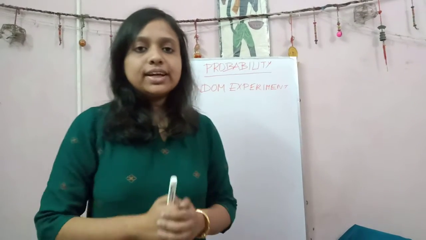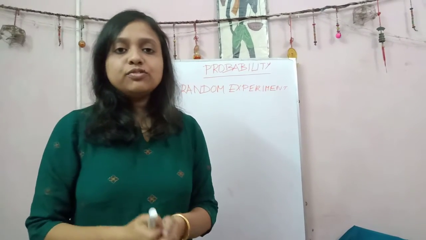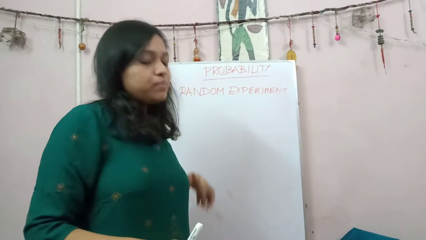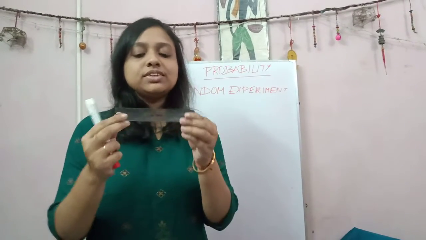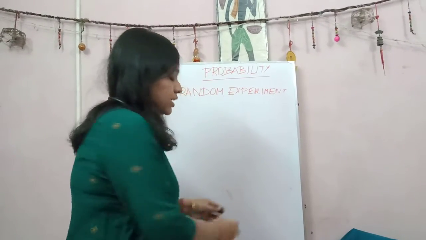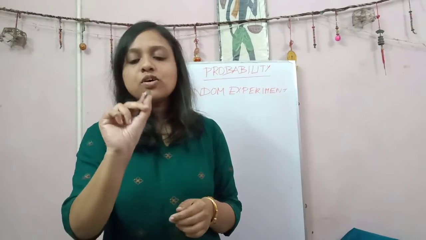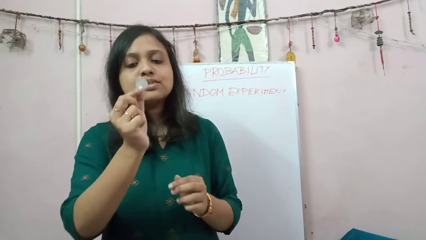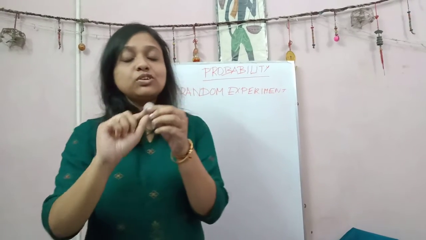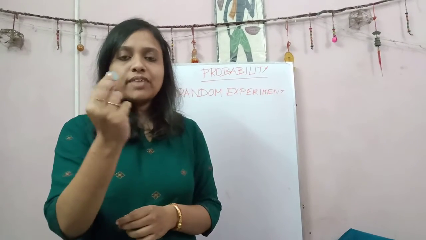Now in a scientific lab we use some experiments to get some results and we get the same result over and over again. For example, if we measure with this scale, it will give 15 centimeter every time. But in case we have a coin, we toss this, we may get a head or a tail. This is not a normal experiment. This is known as random experiment because we actually know the possible outcomes, but we don't know exactly what we will receive from this.